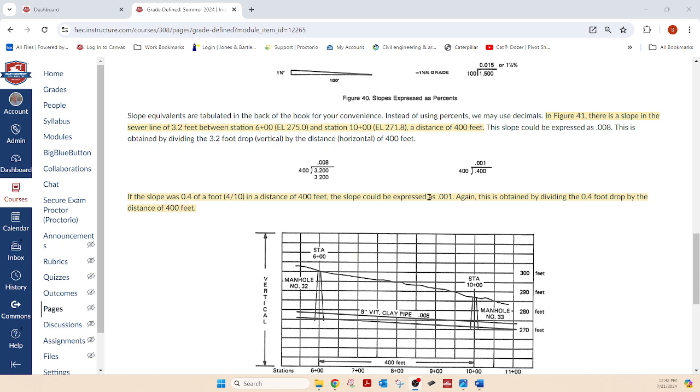So the difference in these two, I think it's 3.2. Let's see. Elevation 275 minus elevation 271.8 equals 3.2.